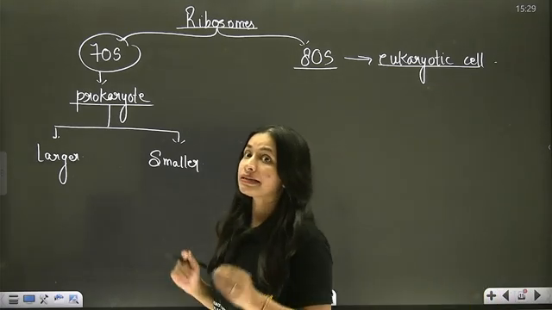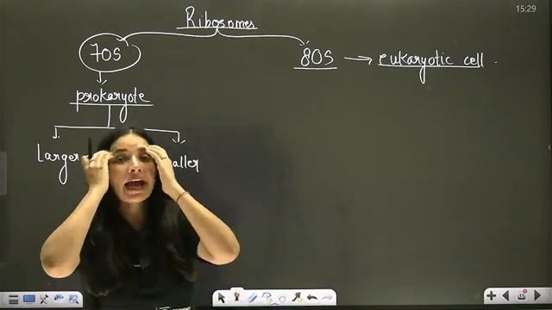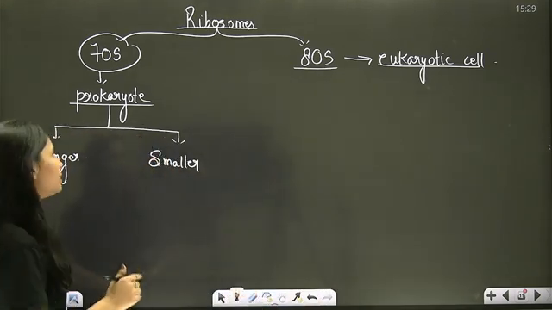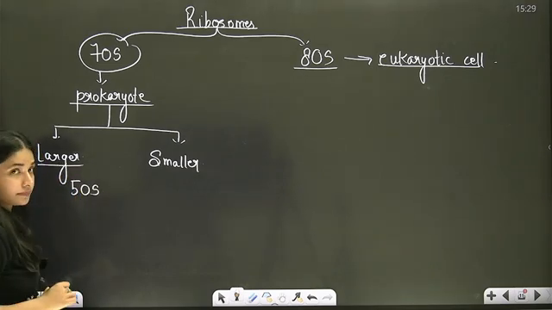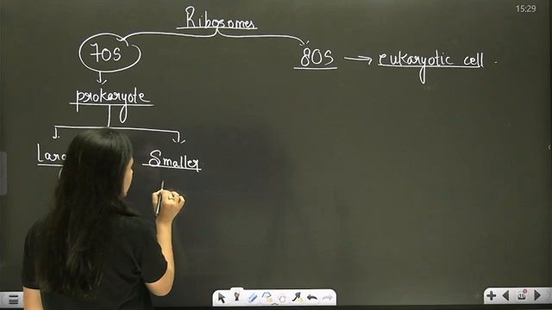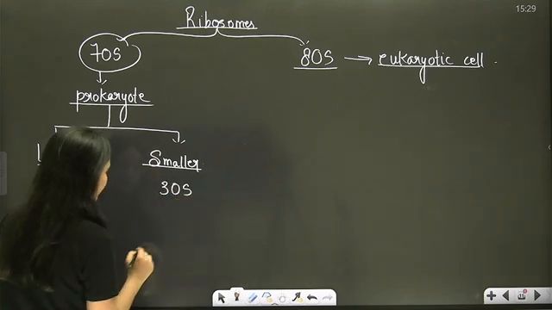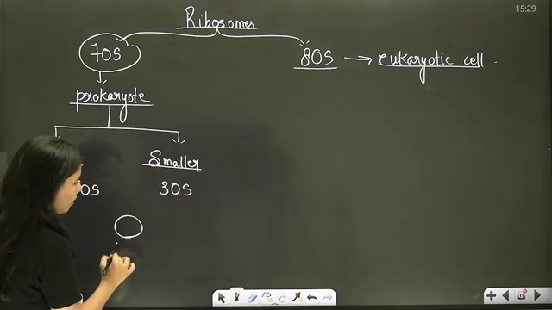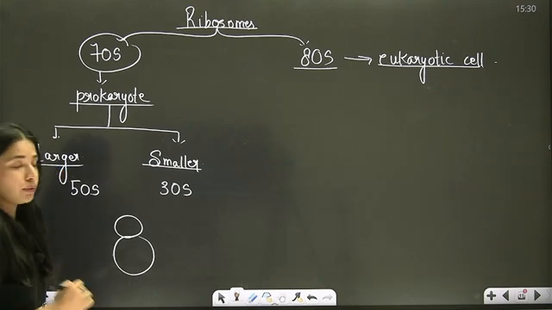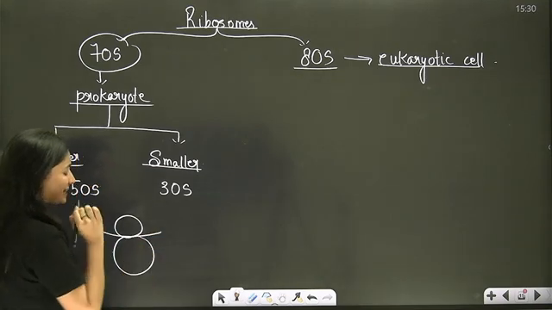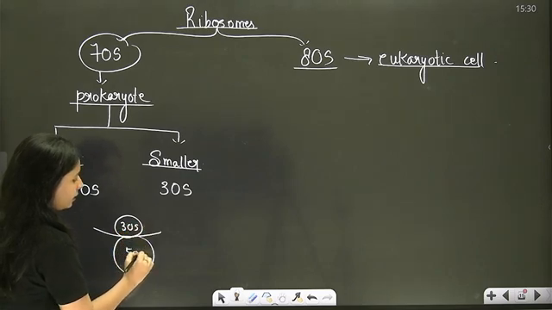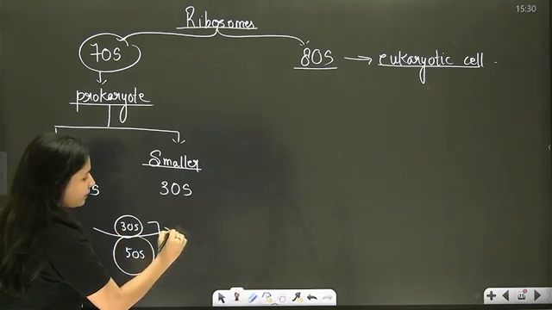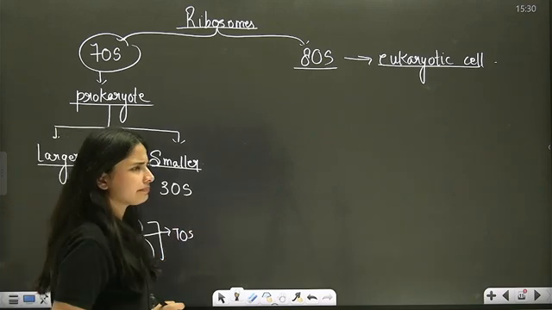Now, this larger unit is actually called 50S and the smaller is known as 30S. So this is my smaller unit on which there's a larger unit, and this is my 70S subunit. 30, 50 together making 70.